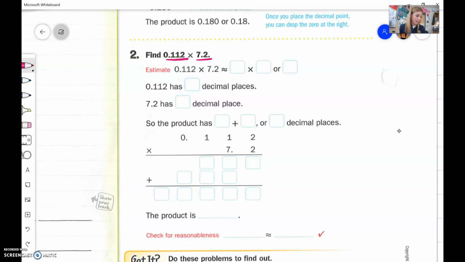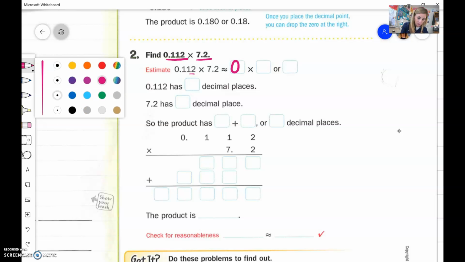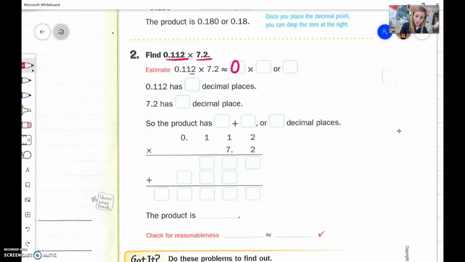So if we were to estimate 0 and 112 thousandths, we know that that's pretty much like multiplying by 0. Okay, I mean, it's so small. So we're really multiplying that by 0 because we're going to estimate first. And then times 7.2, well, that's pretty close to 7. So our answer is going to be close to 0, okay, because 0 times 7 is 0. So we know that the answer is going to be very small. It's going to be less than 1, right?